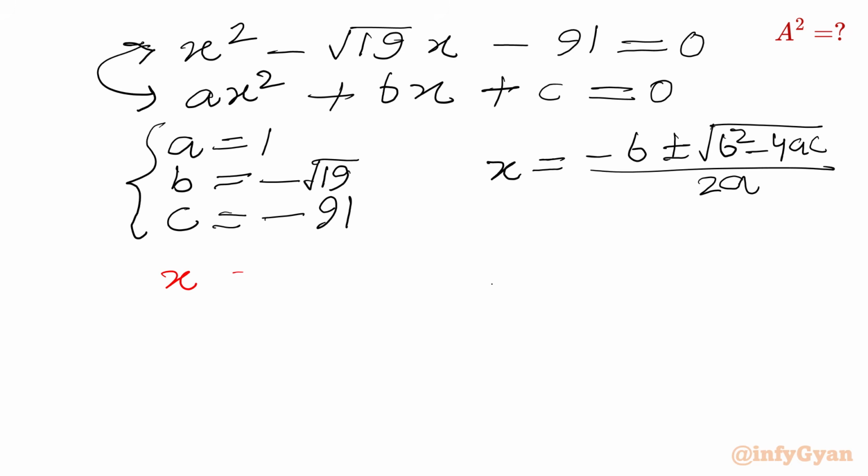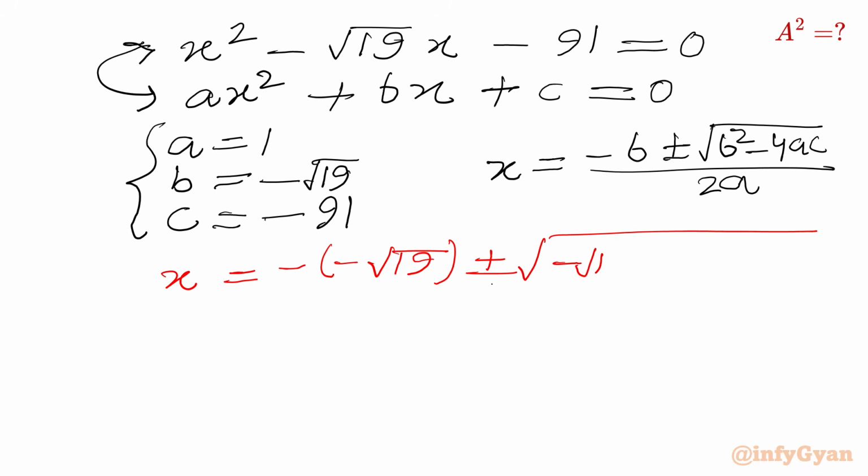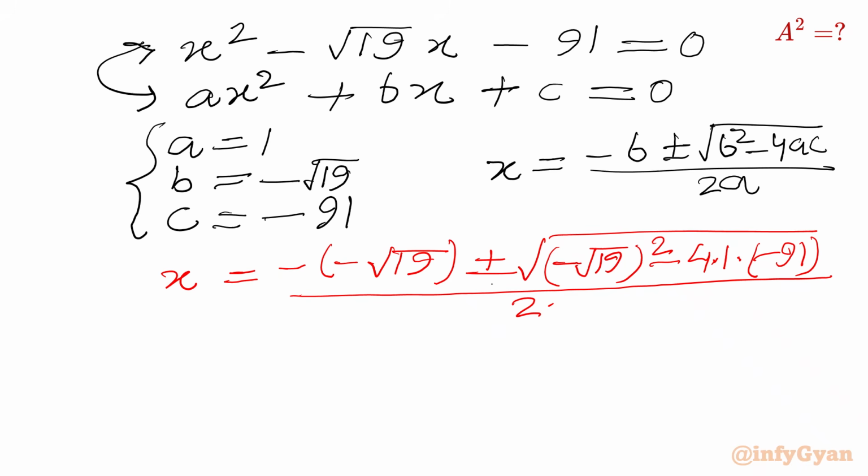So I will write here x equal to minus b, so minus of minus root 19, plus minus square root of b square, minus root 19 whole square, minus 4 times 1 times c, which is minus 91, over 2 times 1.